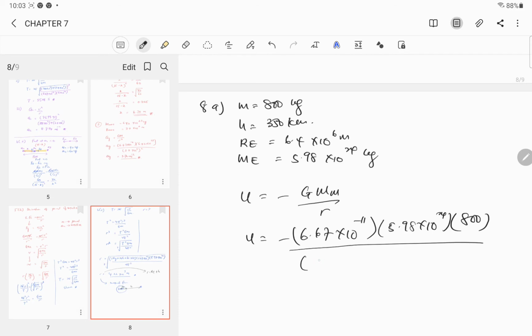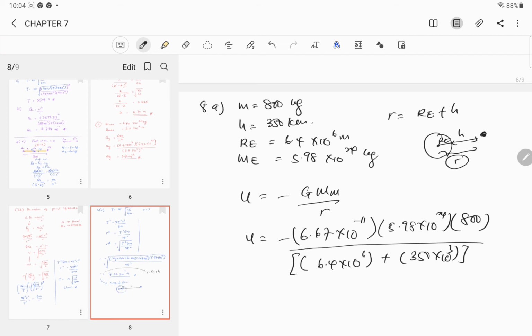So radius of Earth 6.4 times 10 power of 6 plus 350 times 10 power of 3. This is our R. R is R Earth plus H. Okay, if the satellite is here, add H. This is our R. Remember the marks here. So U is equal to negative 4.73 times 10 power of 10 joules.